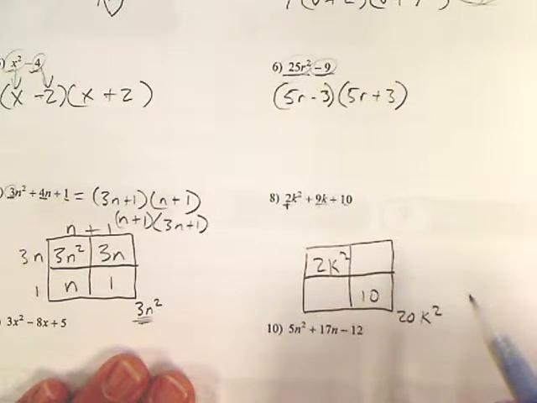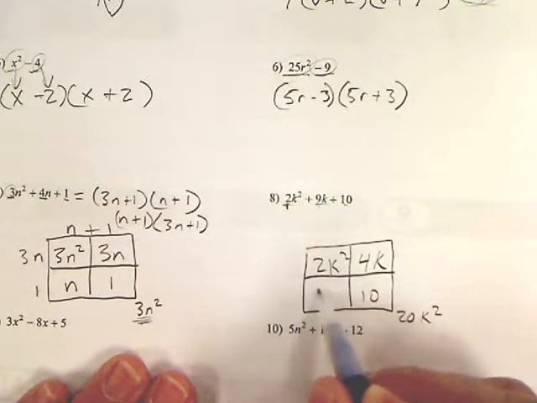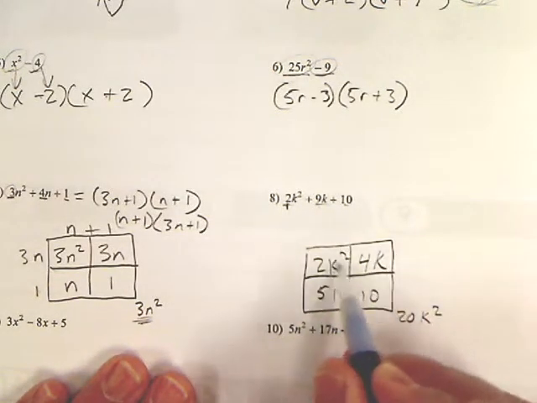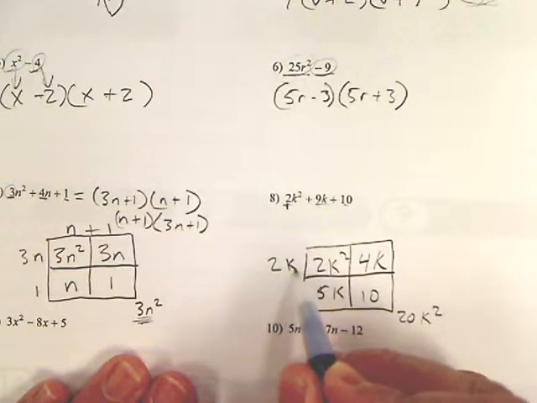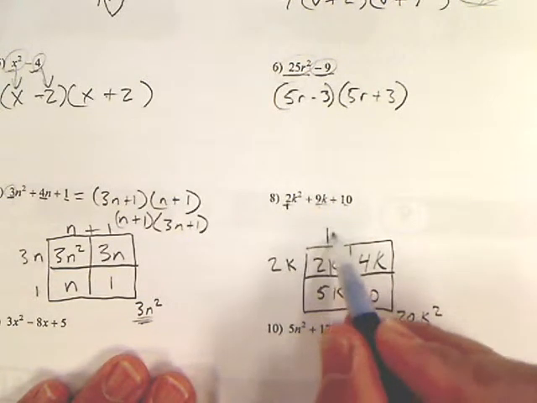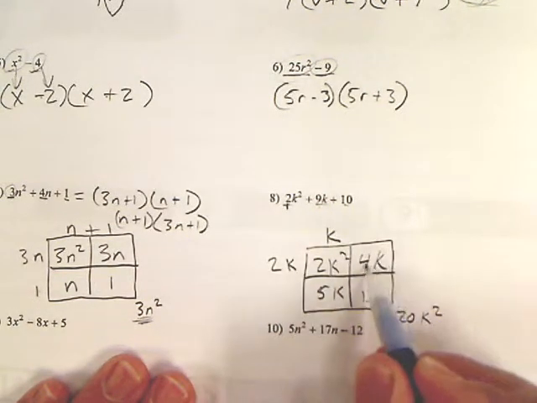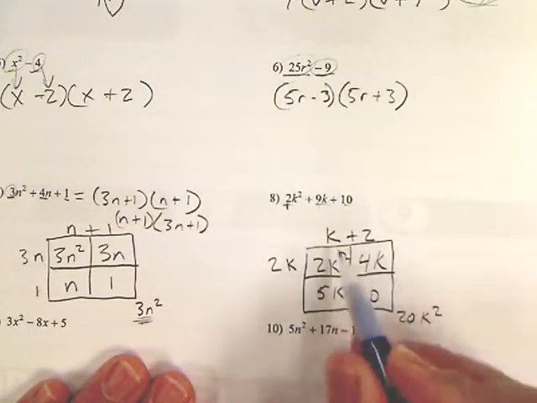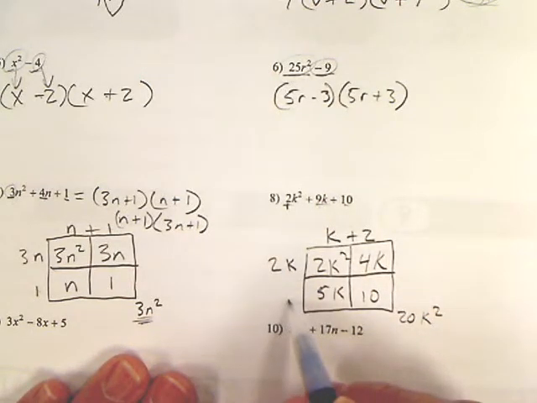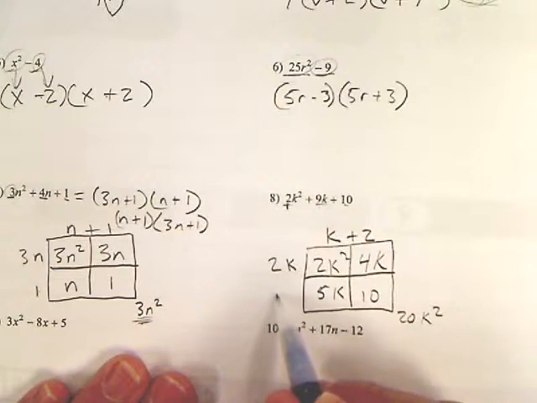So 1 and 20? No. 2 and 10? No. 4 and 5? 4k, 5k. Common factor? 2k. Common factor? k. 2k times something is 4k. k times something is 5k.